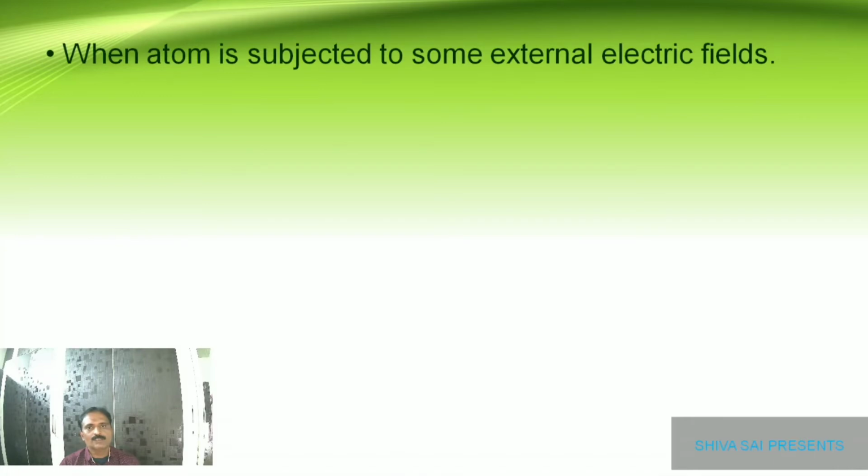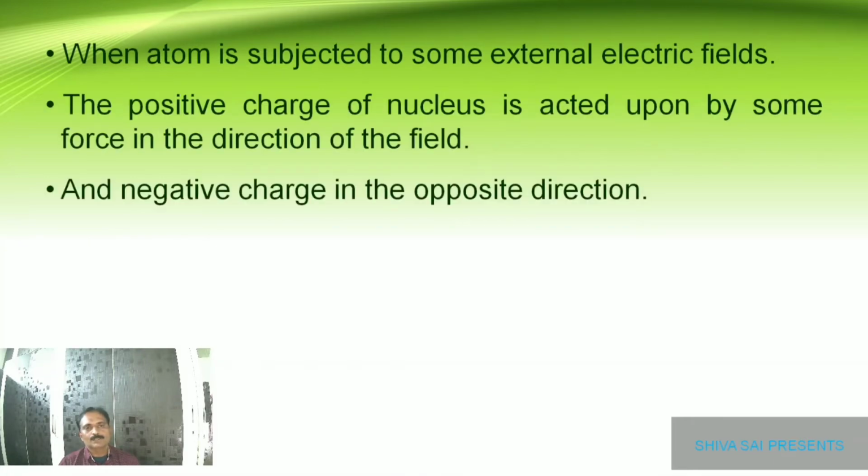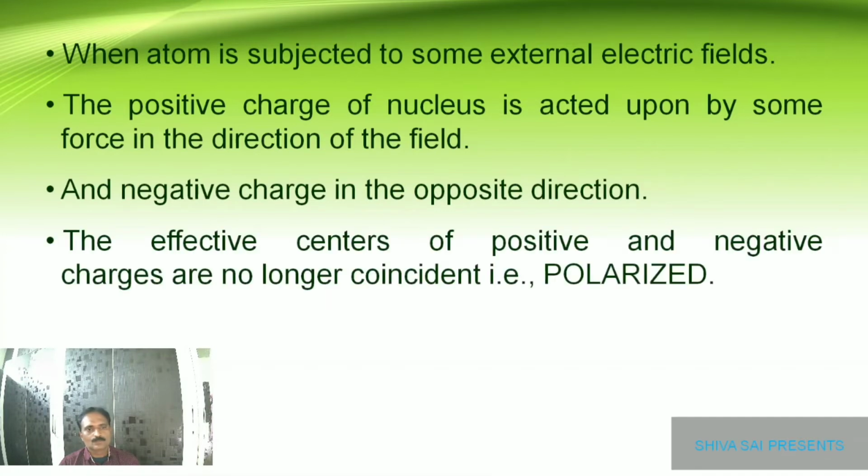But once the electric field is applied, the two effective centers of positive and negative charges are moved a little bit. This condition of the atom is said to be polarized.